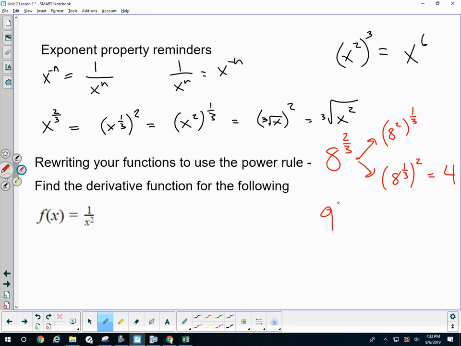So, what is 9 to the 3/2? I think it's easiest to rewrite this as 9 to the 1/2 cubed.